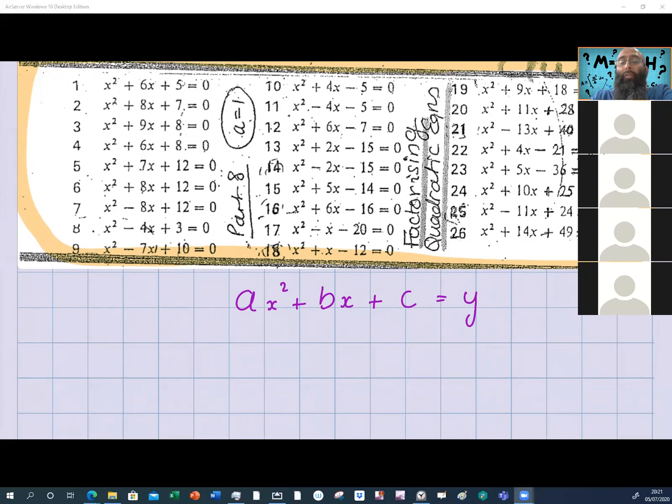That's the format of a quadratic equation: ax squared, an x part, and a c part. Sometimes the c can be missing, it's still a quadratic. Sometimes the bx can be missing, it's still a quadratic. But it can have up to those 3 bits.